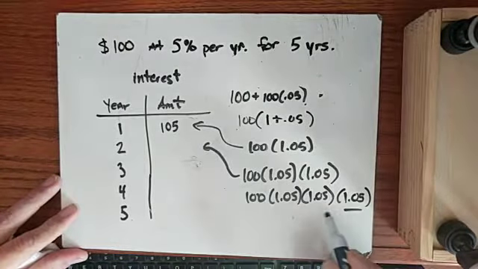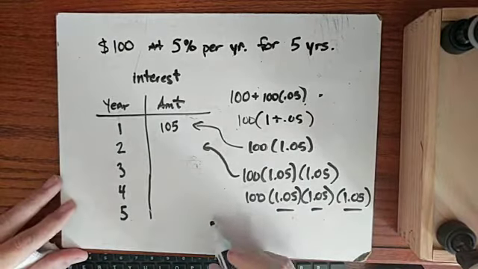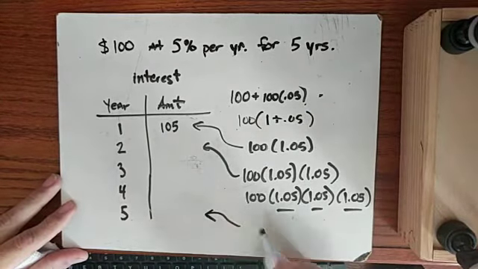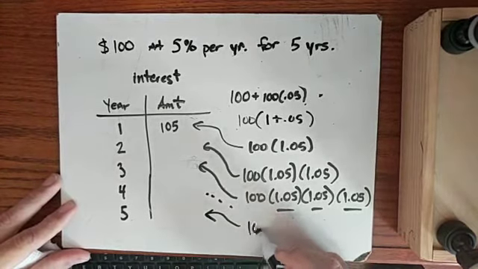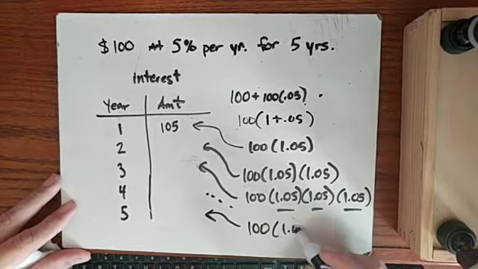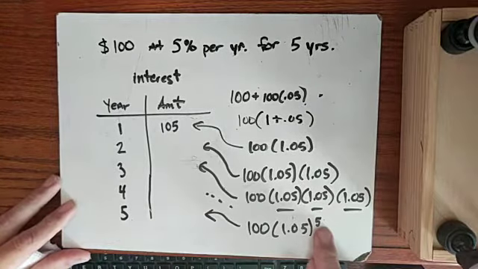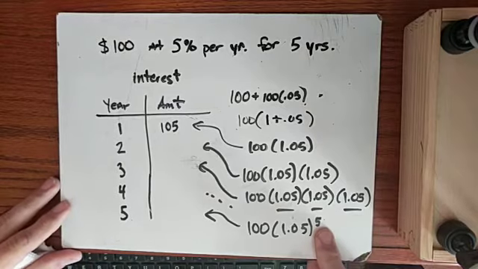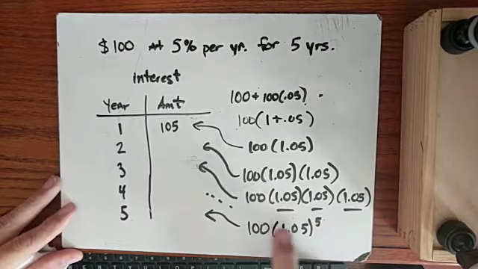You can see what's happening, right? I keep repeatedly multiplying by 105%. So by the time I got to year 5, it would be 100 times 105% raised to the 5th power. Okay, so this is an example of what we call an exponential function, exponentially increasing.